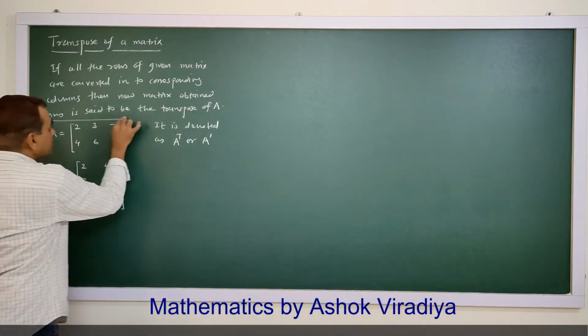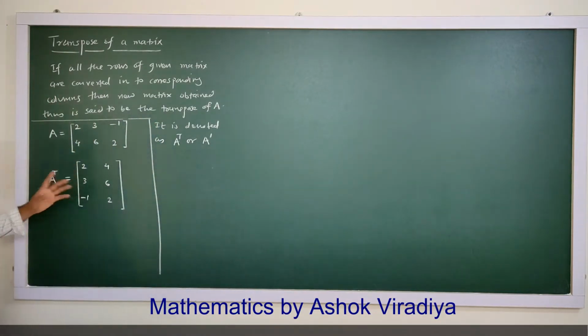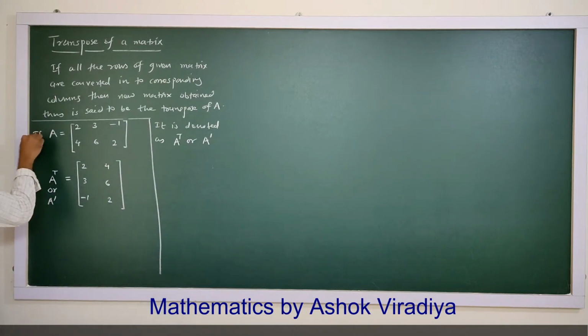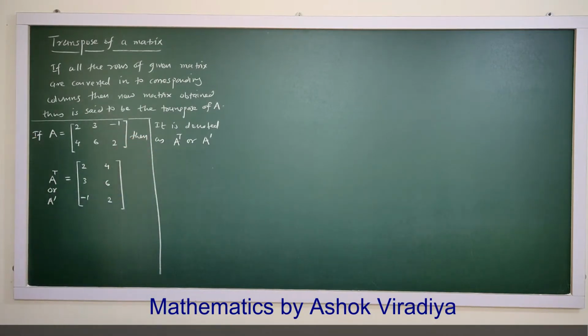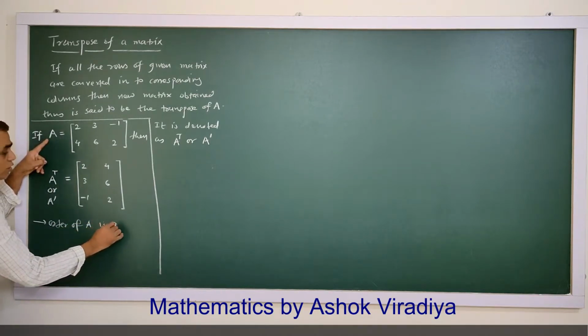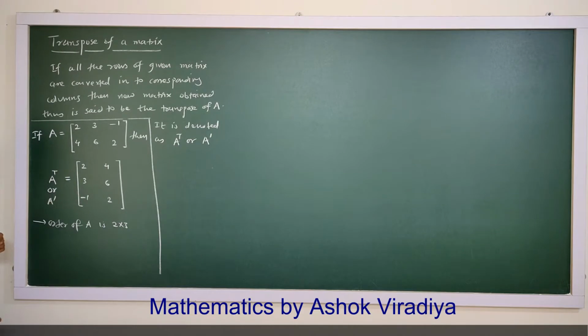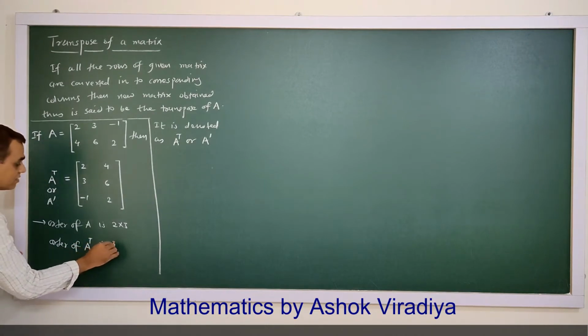And here this is an example. So if this is A, then this is its transpose. Here you can see that the order of A is 2 by 3, and look here, the order of A transpose is 3 by 2.